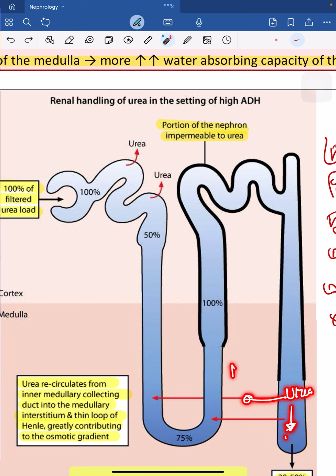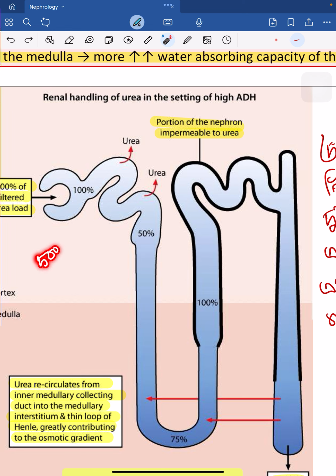When urea concentration here was bigger, then water got out, and this concentration of urea now decreases. So in the collecting duct, urea concentration is higher, and urea comes to the interstitium by passive diffusion through its concentration gradient.